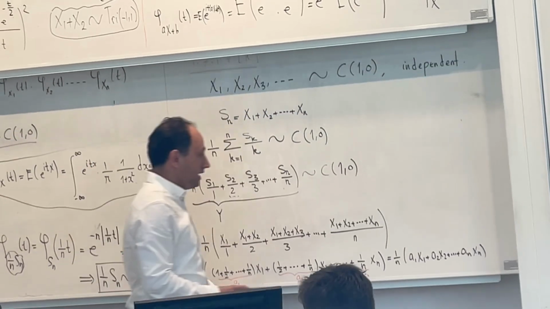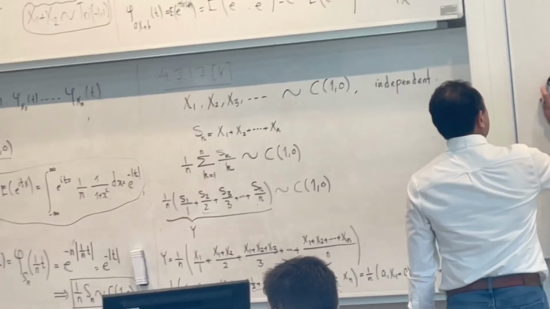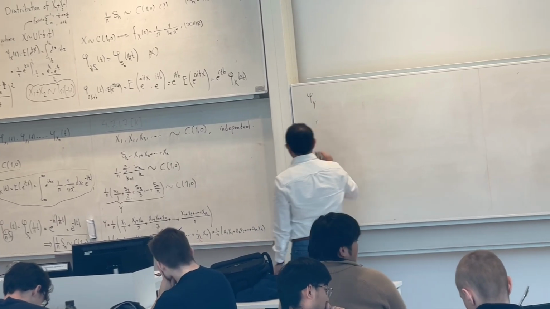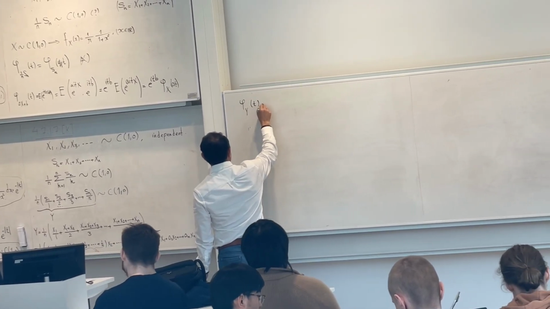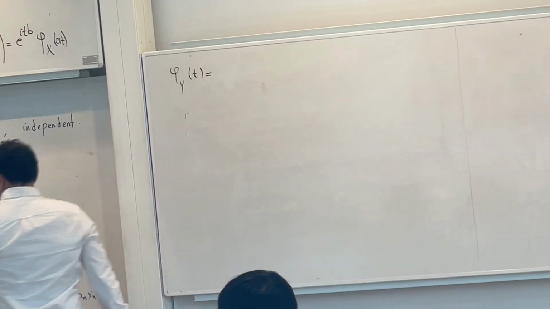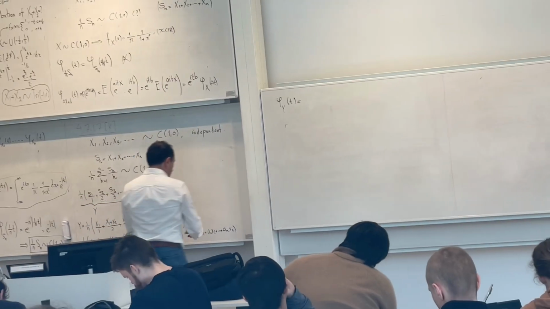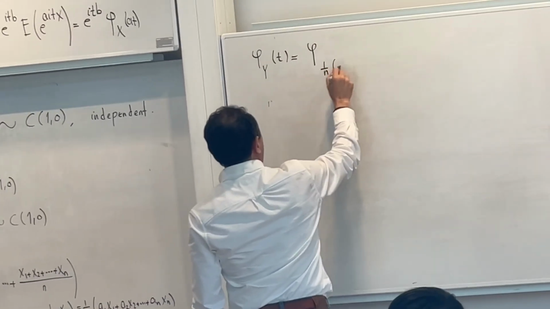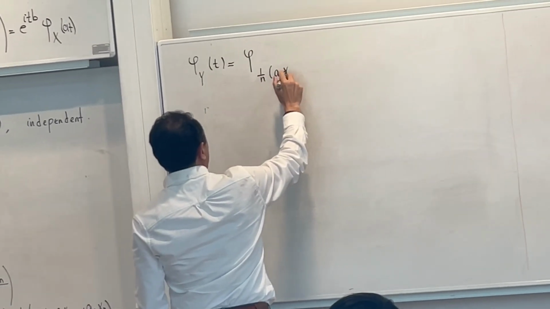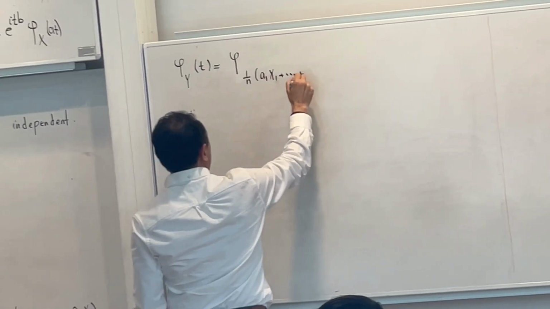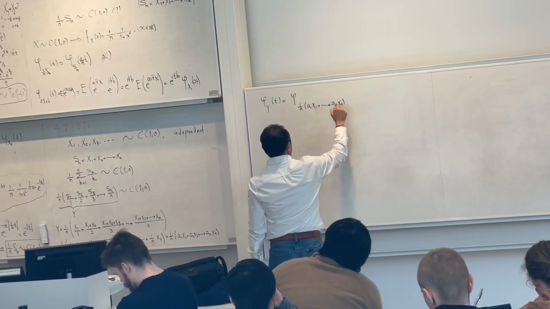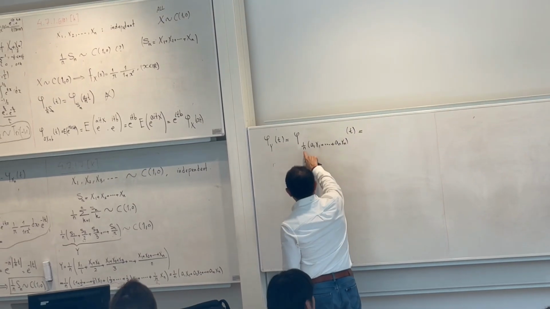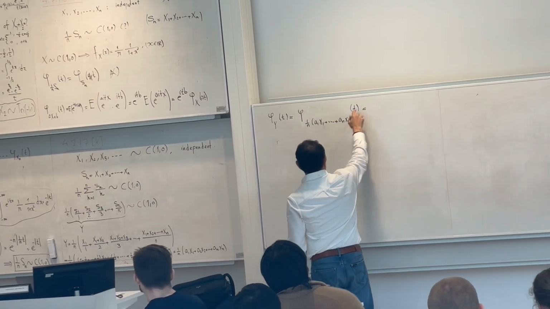Okay, so now if I want to calculate phi of y, what should I do? Phi y of t is equal to phi of 1 over n times this combination, at t. The first thing I do, I will get rid of this by moving it inside.